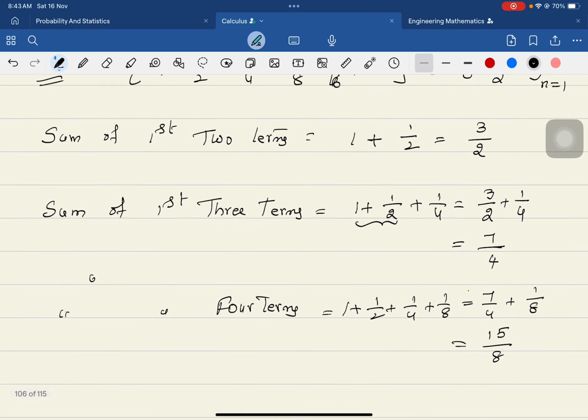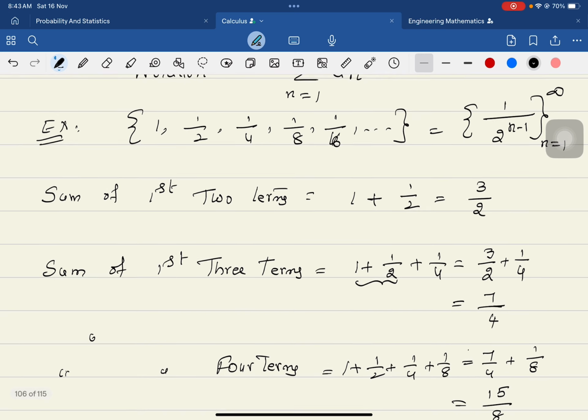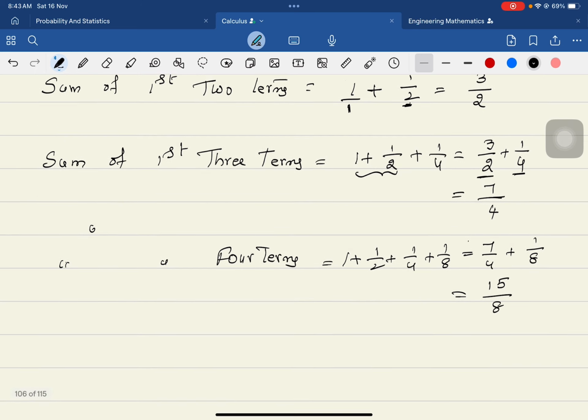When I go on taking the sums of the first 5 terms, first 6 terms like that, some rule is hidden here, try to understand. When the term is 2, the denominator in the previous term is 1. So, 2 and a half. When it is 4, the previous denominator is 2. When it is 8, the previous term's denominator is half of that, which is 4.